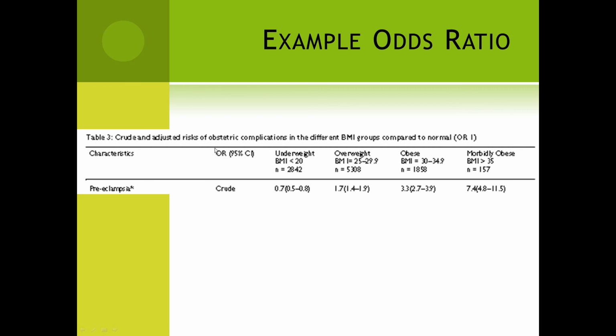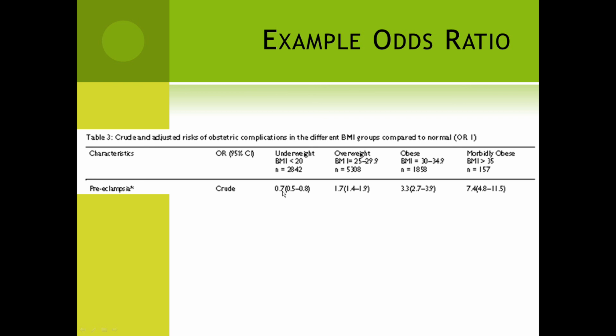So we've got an odds ratio. As I said, we're working with the crude ones, and we look at the underweight group. We can see that they have less chance of preeclampsia compared to women of a normal BMI. How much less? We have to go 1 minus 0.7.